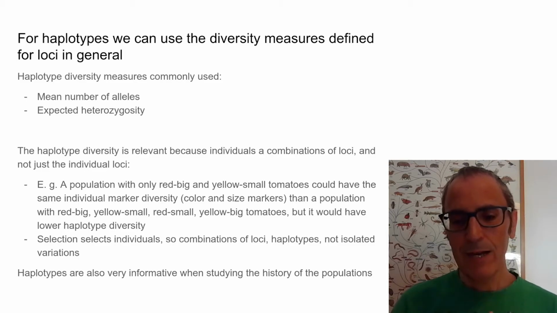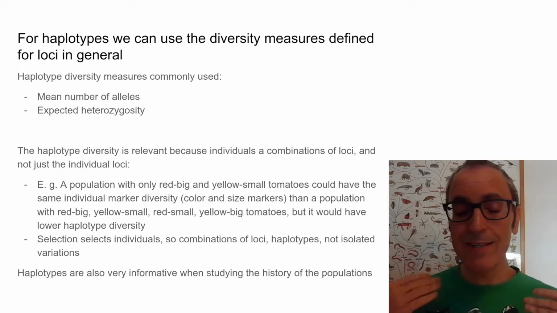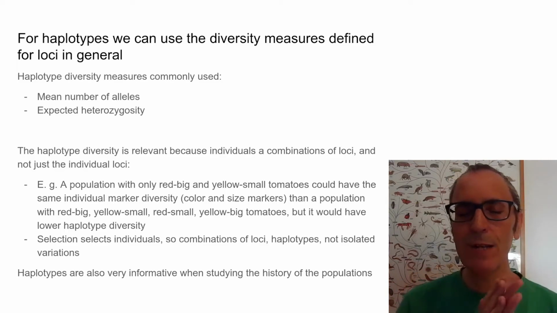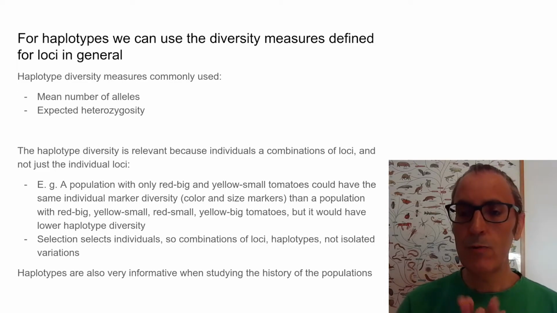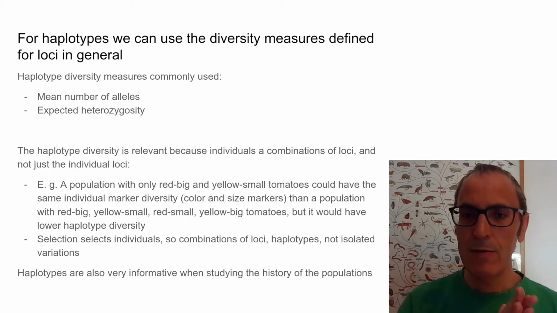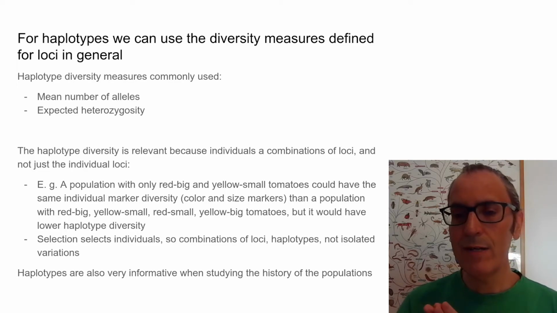These haplotypes are relevant for different things. For instance, one important thing is that diversity is not just related with the genotypes of individual markers, but the haplotypes. We could have populations with the same alleles, but different diversities if we take into account the haplotypes.